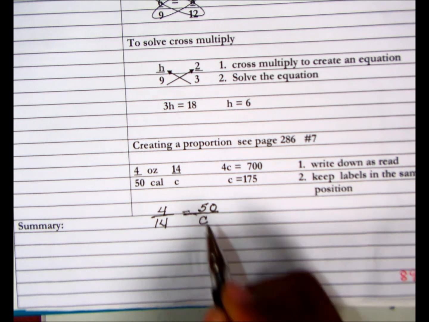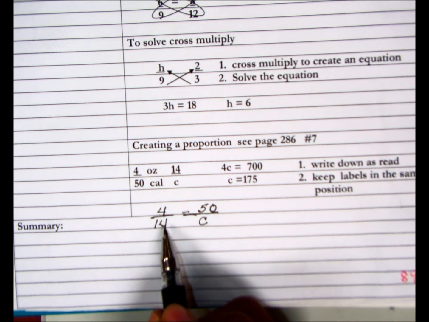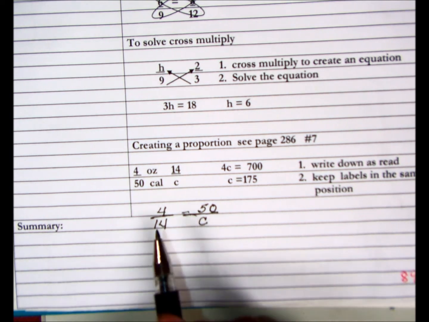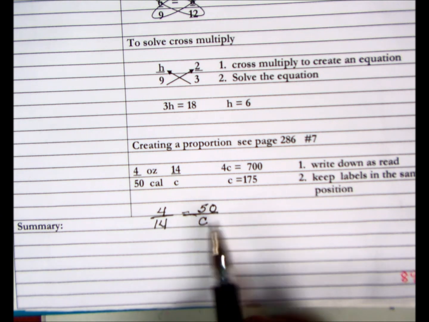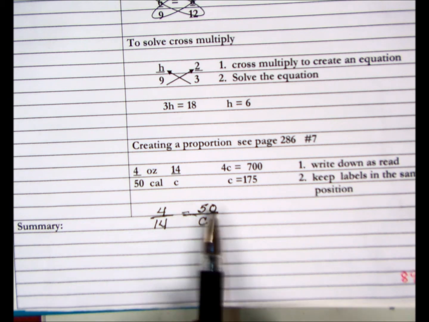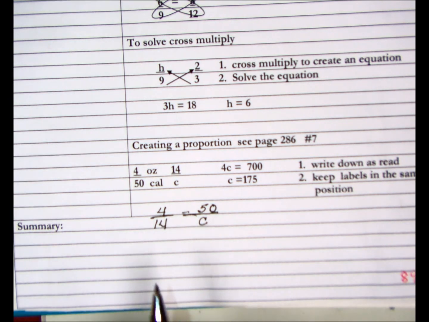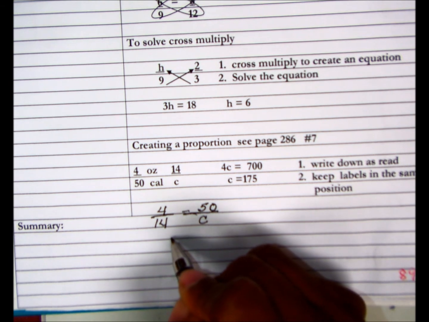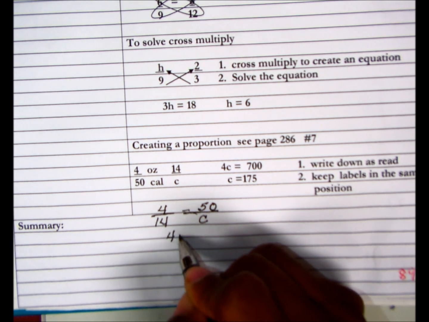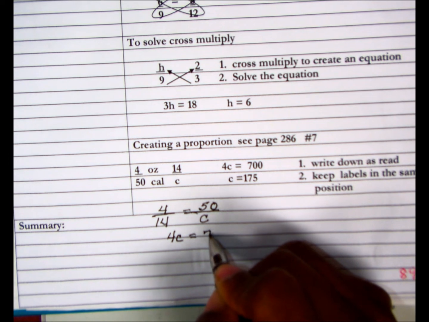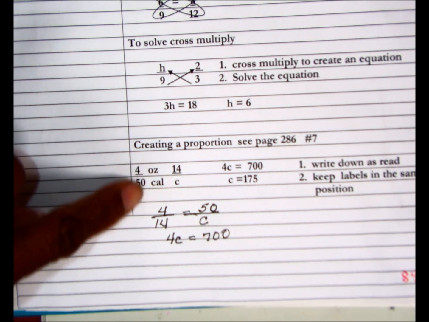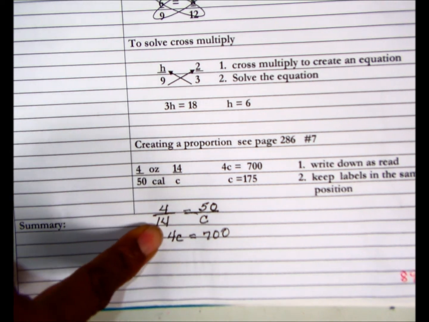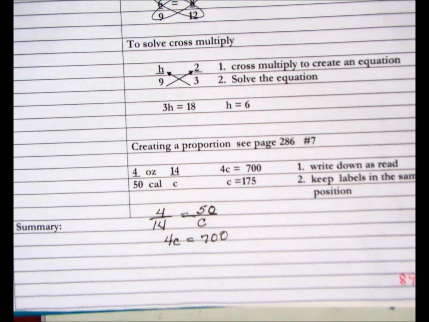What's really important is that the labels stay in the same place. So if we're going to do ounces here, calories here, that's fine. But they have to stay in the same place. Okay? And you'll see that it works out to be exactly the same. 4C is equal to 700, which was the same that we have. So it doesn't matter which direction you do them in as long as you keep the labels in the same position.